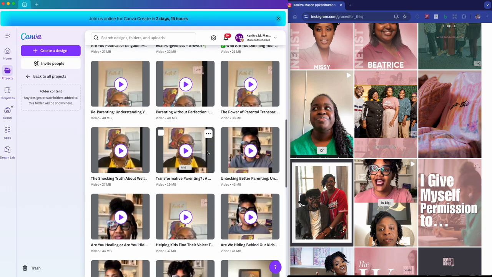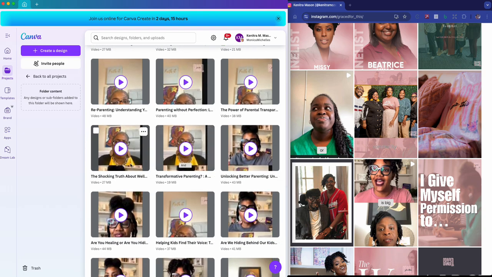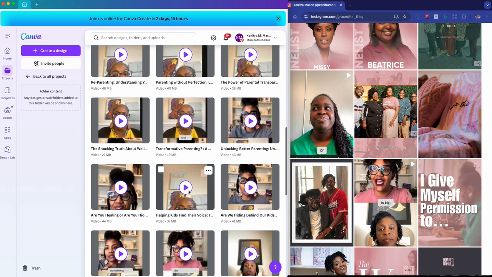With the videos, what you don't want is to put two videos that look similar side by side. These two videos look very similar. Yes, her eyes are different and the glasses are a little bit different, but those are small nuances, so you wouldn't post these two videos side by side. If you wanted to post this one and then this one, even though it's the same person, they have a different image on the front.